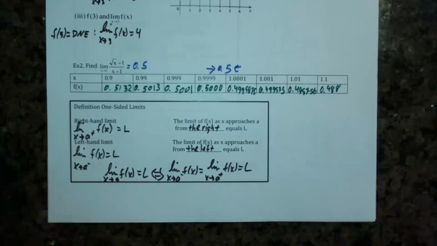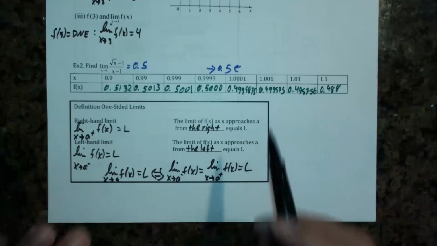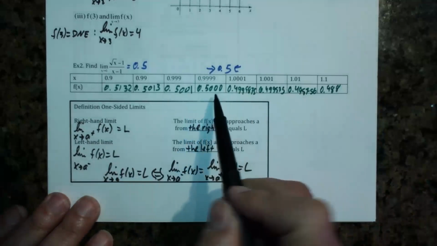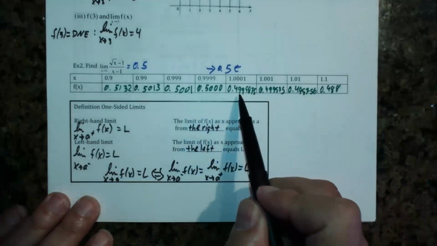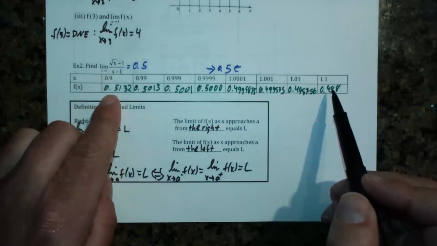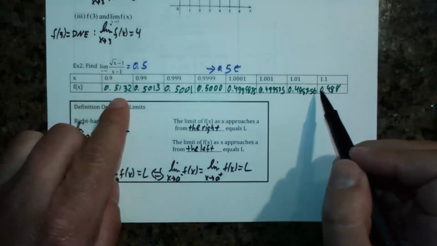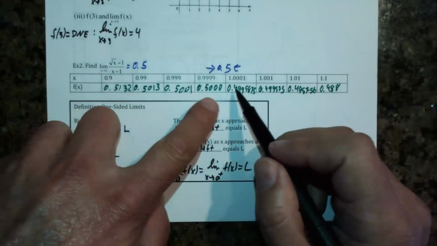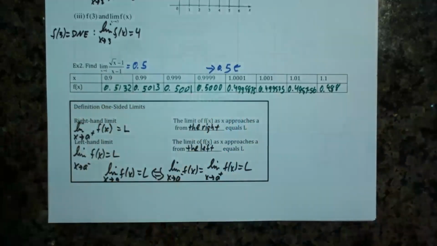Both end up at the same spot, meaning the same y value. If these two aren't equal, then this limit overall does not exist. And you can see up here, we're approaching 0.5 from both directions. So we're far away from 1, which is what our limit is, which is what we're approaching. And as we approach closer and closer to 1, we're getting closer and closer to 0.5.